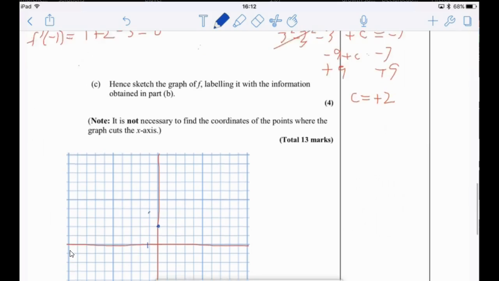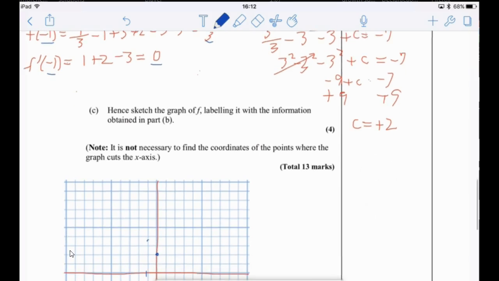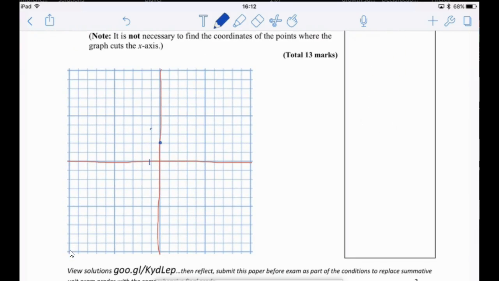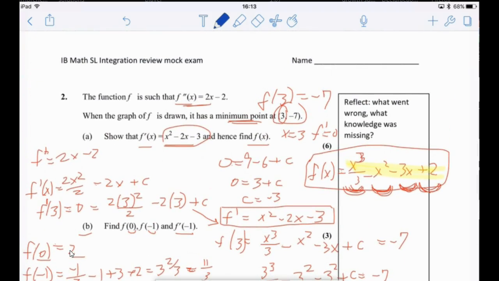And then we also know that at x equals negative 1, the derivative is 0. So we know that at this point here, it's a maximum or a minimum. And judging from the fact that there is a point at 0, 2, I would say it's a maximum. Okay? And then last thing, they did give us an additional point at the beginning.